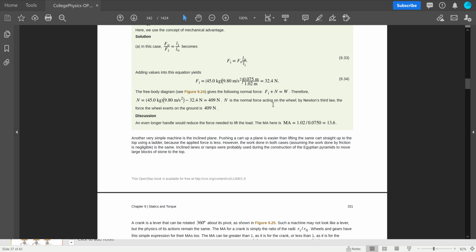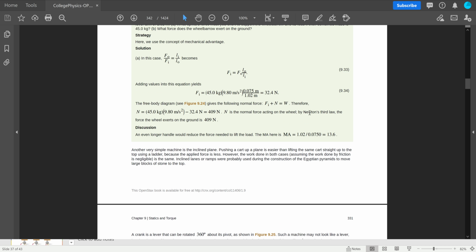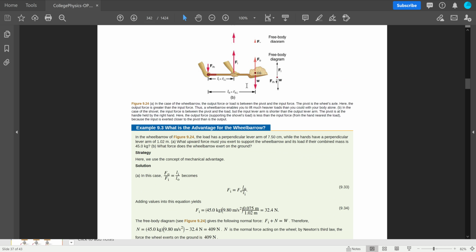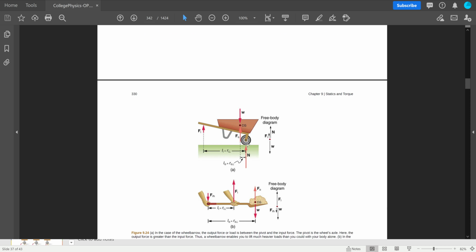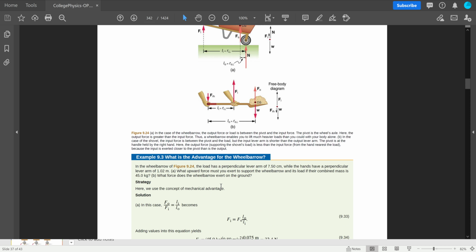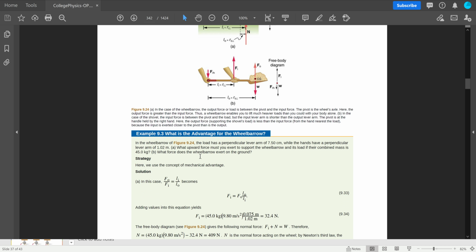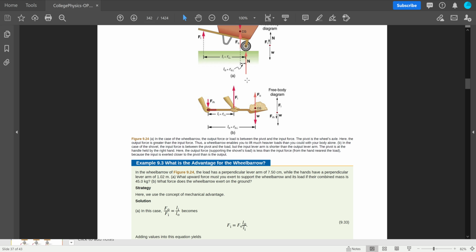By Newton's third law, the normal force acting on the wheel is the force that the wheel exerts on the ground. So if you look at the figure right here, we know that this would be the force that the wheelbarrow is actually exerting on the ground. So that solves for B. What force does the wheelbarrow exert on the ground? That's our normal force.